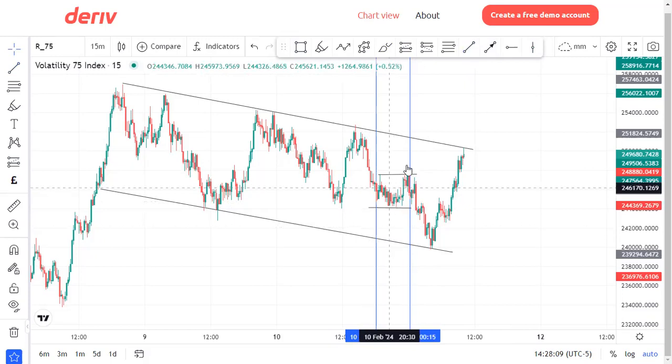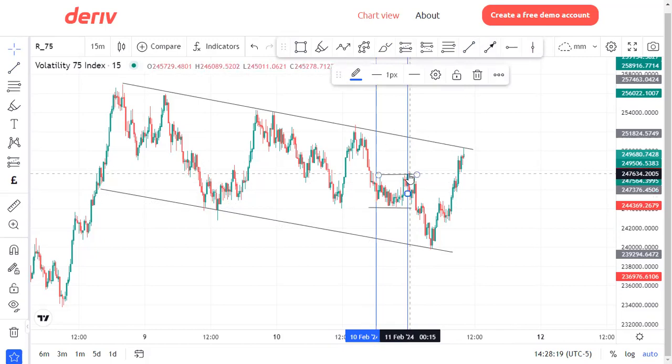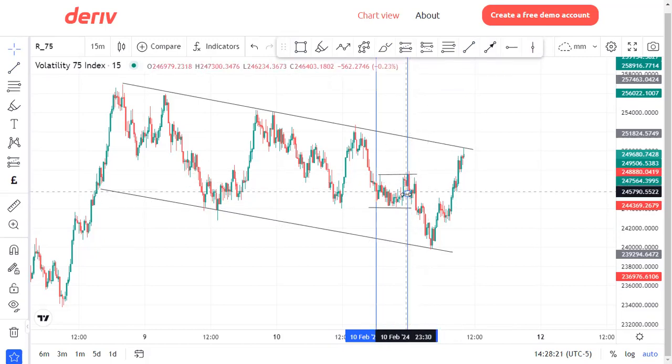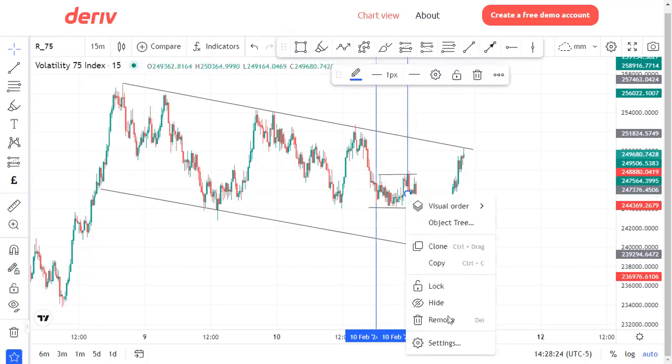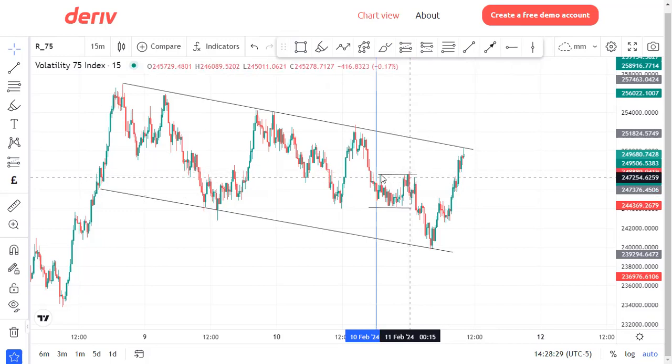So when this day opened, this huge candle, look at it correctly, this huge candle here. Let me remove this. You can see there's a wick here. The market came and took out this session high.